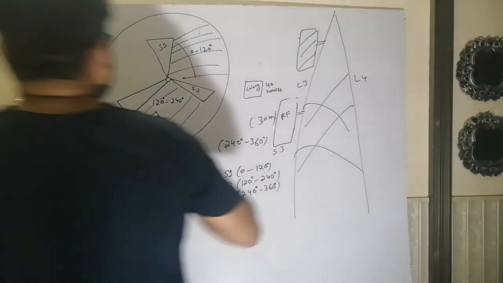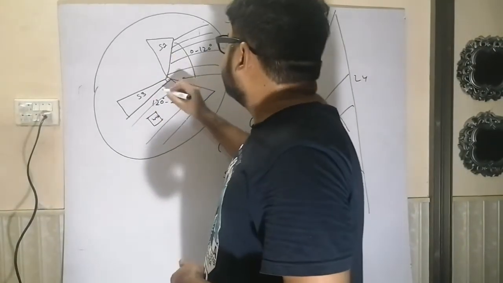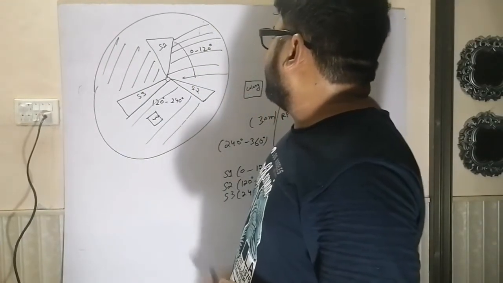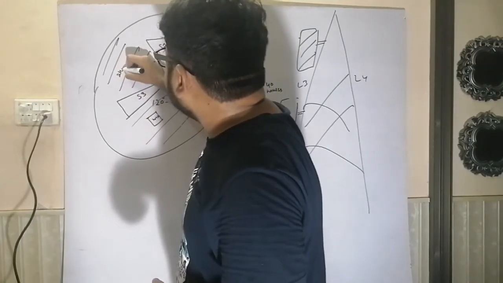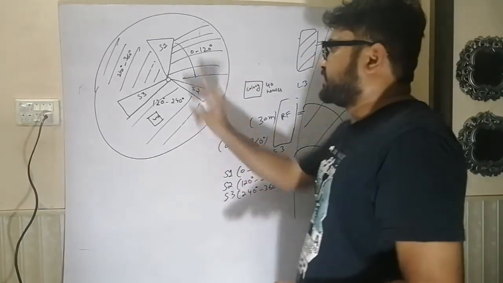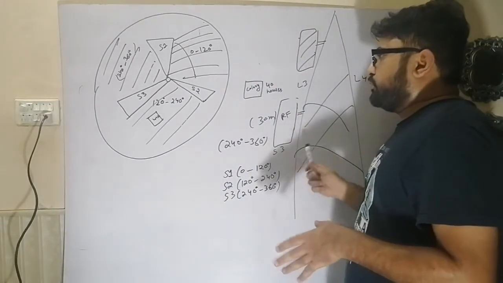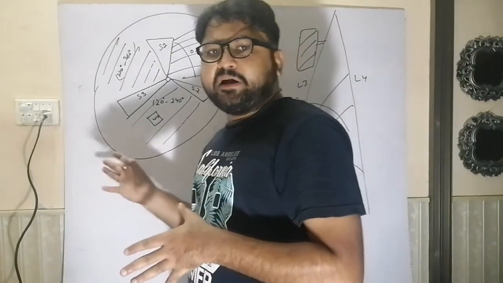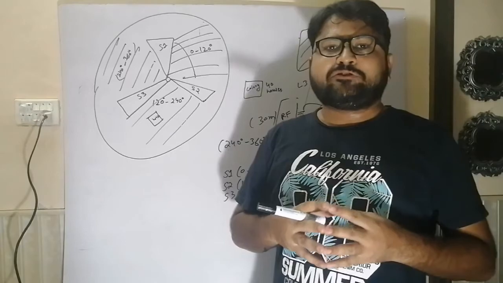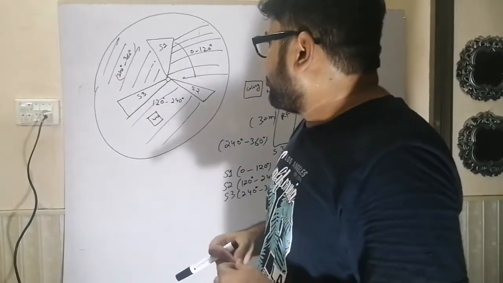Now move on to sector 3. That area is divided, and from 240 to 360 degree, the antenna faces in the same direction for sector 3. I hope you understand this basic concept, how we divide the sectors with the help of antennas to provide coverage to our users.